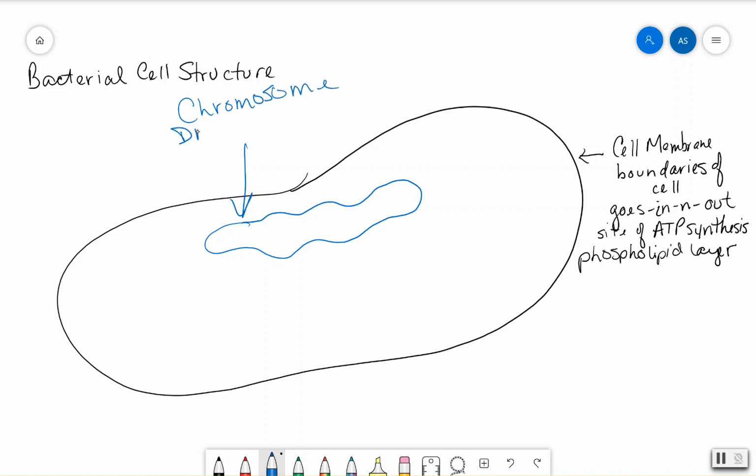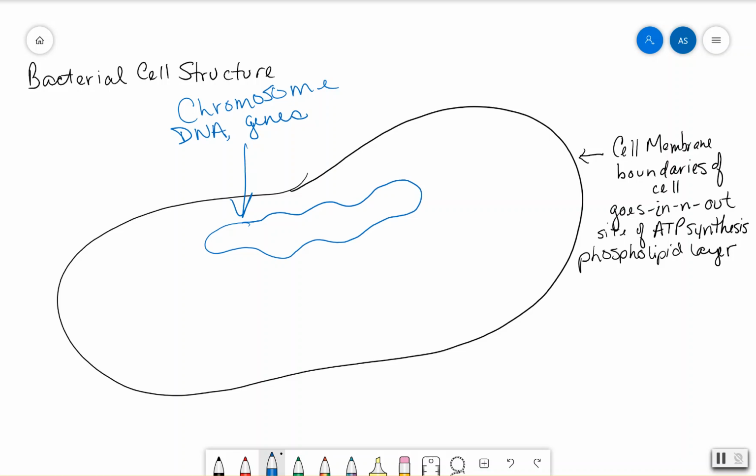And it is made of DNA, and this contains the genes of the cell, or all of the directions that the cell needs to carry out its daily living, its metabolism, how it reproduces, and so on. So one single circular molecule of DNA. Unlike us, we have 46 linear molecules of DNA, or 23 pairs.